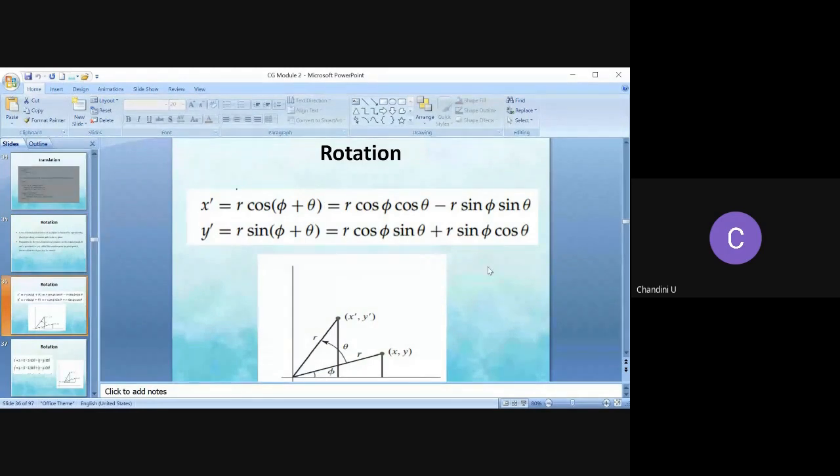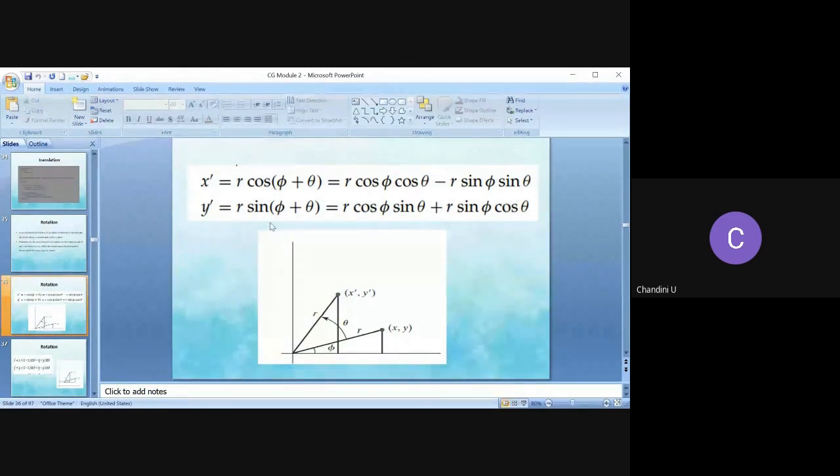So your equation for rotation: x' = r cos(phi + theta), that is r cos phi cos theta minus r sin phi sin theta, which is basically x cos theta minus y sin theta. And y' = x sin theta plus y cos theta.